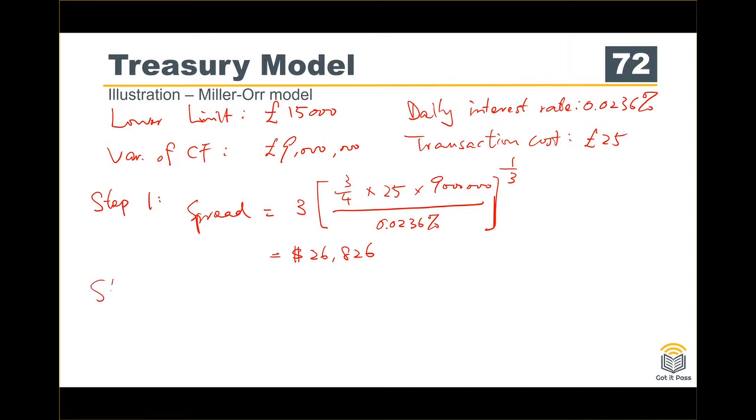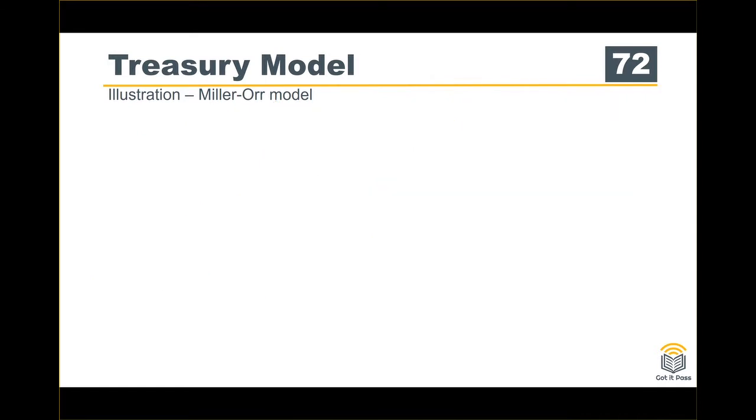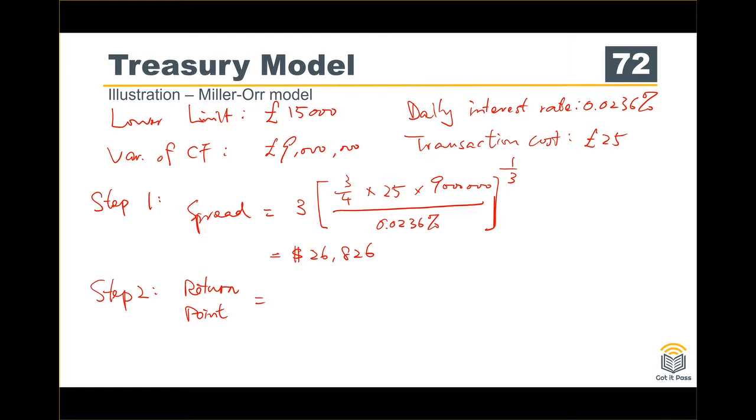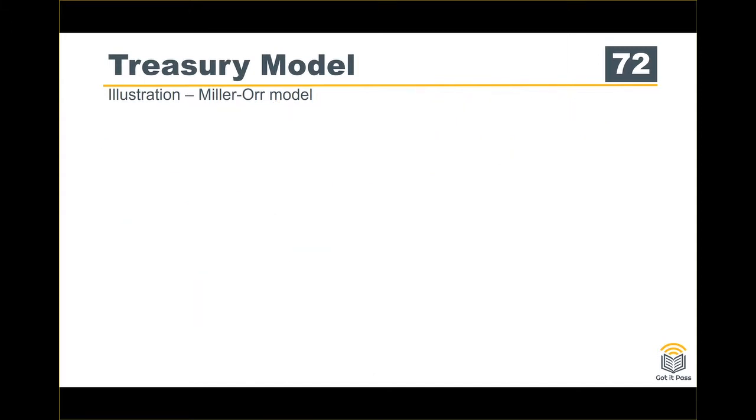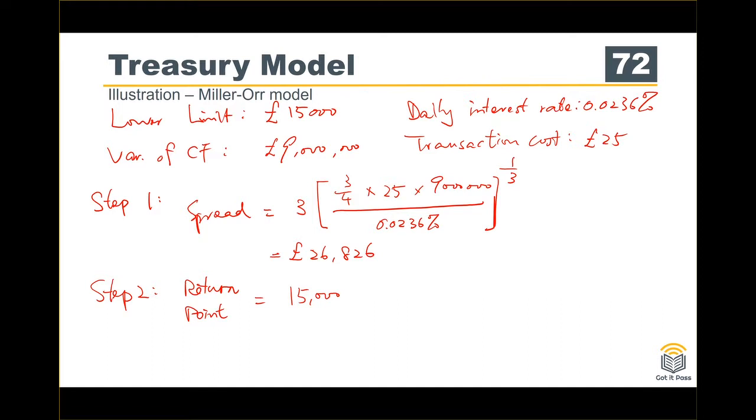And step 2, let me find out the return point. The return point is the lower limit, which is £15,000 plus 1/3 of spread.